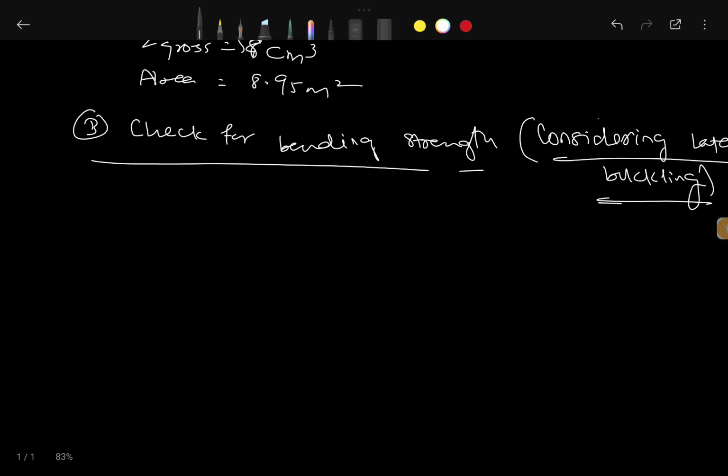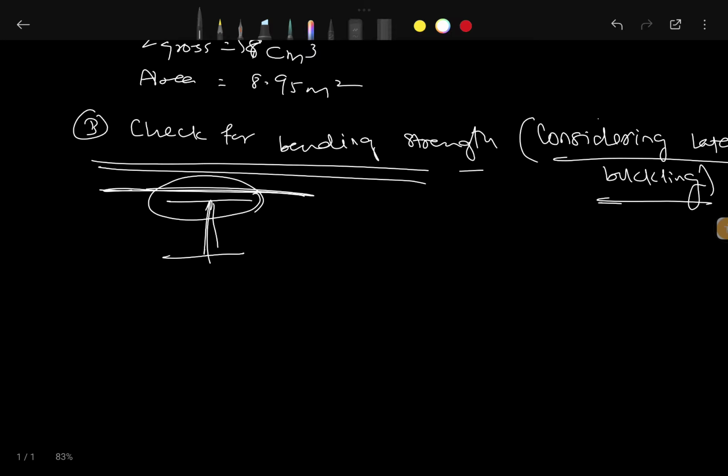Since the sheeting is attached to the top flange, it provides lateral restraint, because we provide this purlin above the rafter.